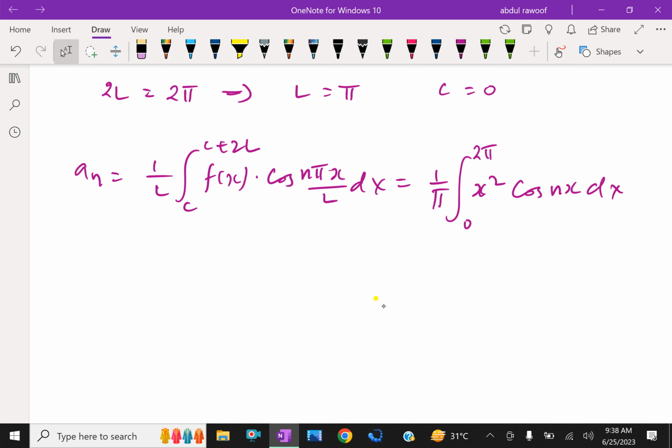Now I will do the integration of x² cos nx dx.